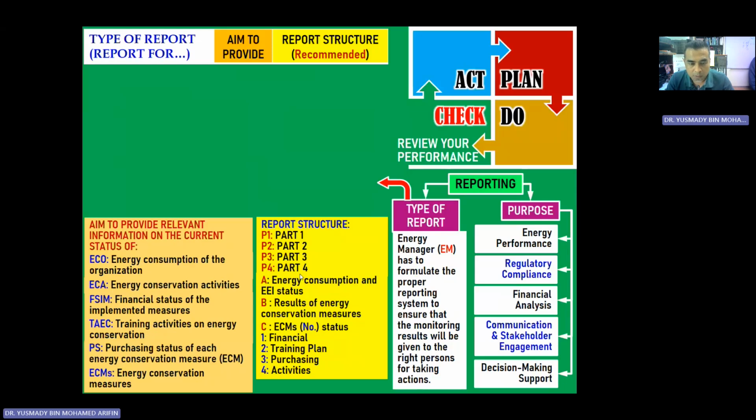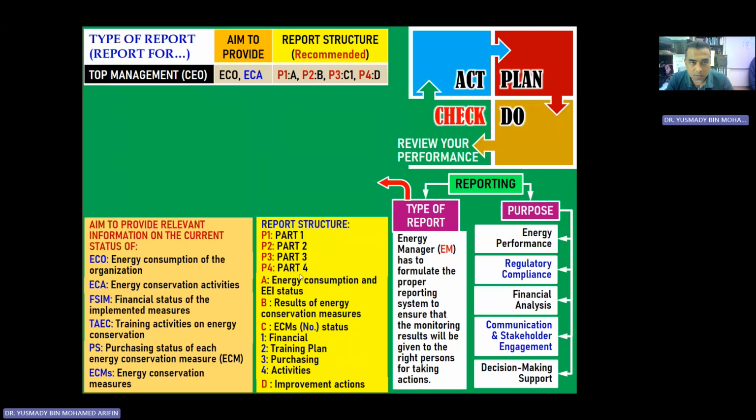Number 1 stands for ECM based on financial status. Number 2, training plan. Number 3, purchasing. And number 4 refers to the activities involved with energy conservation measures. Okay, and the last one, D, represents the improvement actions.